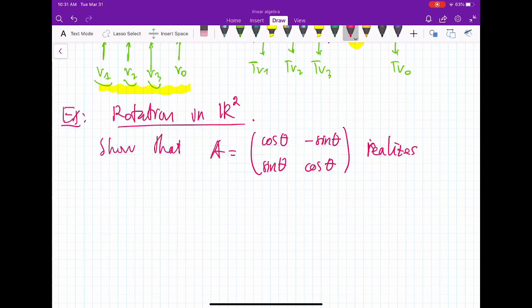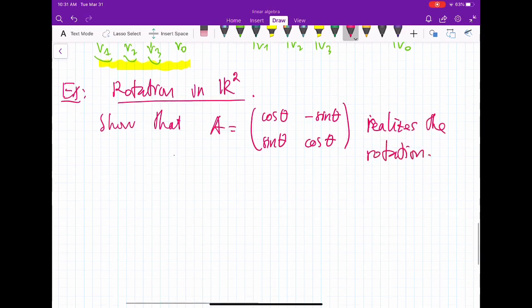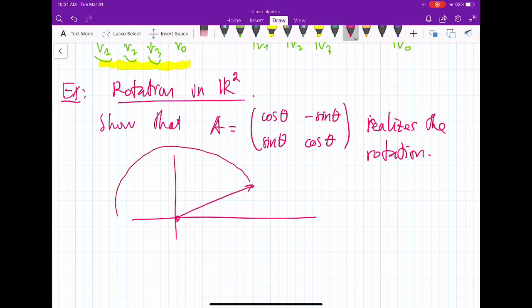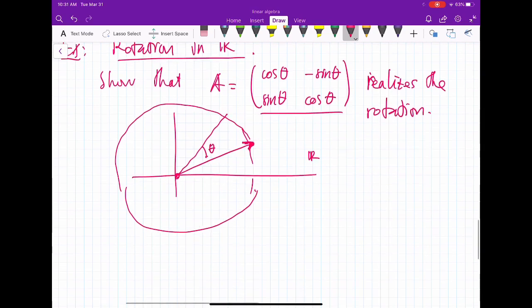Okay, so the rotation looks like this. You have some point here on the circle, and this is your vector. You apply the matrix A to this vector, and you just rotate this vector by the angle theta. Agree? So let's show that.